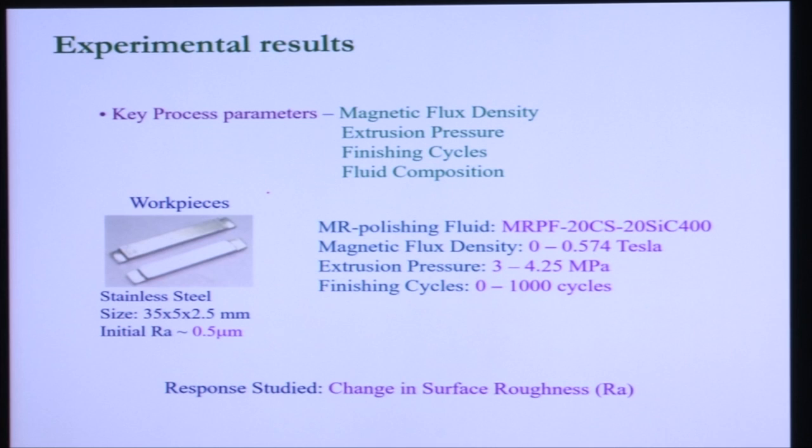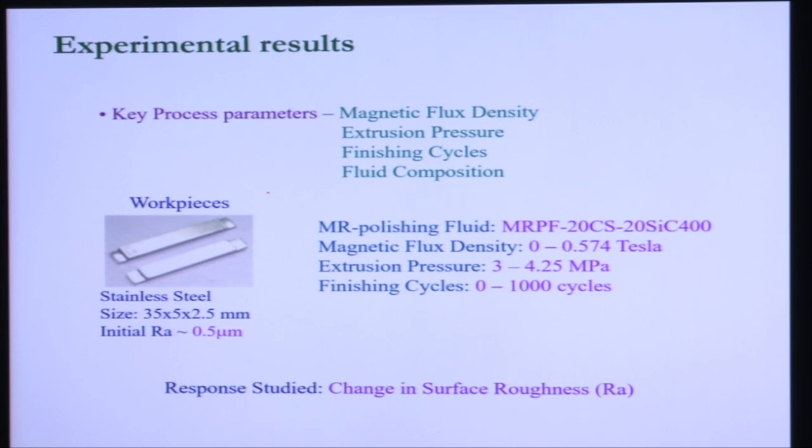CS is a carbonyl iron particle grade, with 8 micron average diameter. We have considered 20% by volume CS grade carbonyl iron particles, 20% by volume silicon carbide abrasive particles with 400 mesh size, and the remaining 60% is the base media. In the base media, 80% by weight is paraffin oil and 20% by weight is AP3 grease.